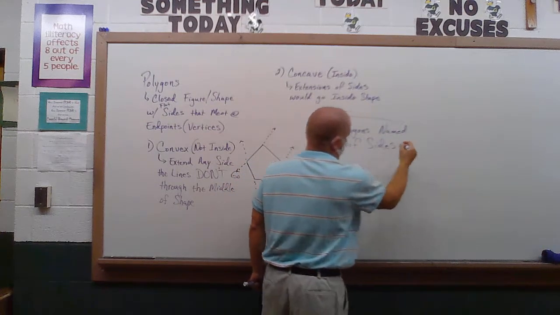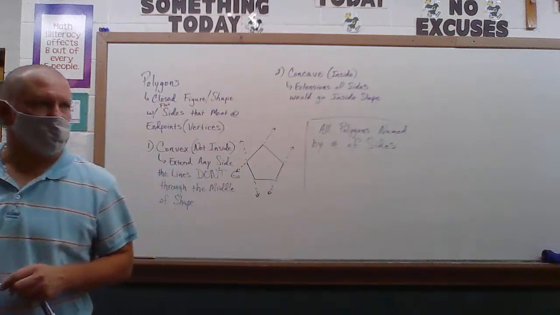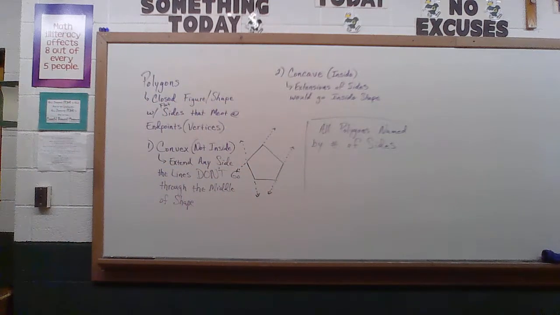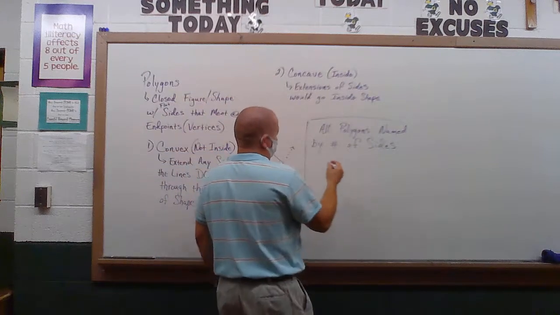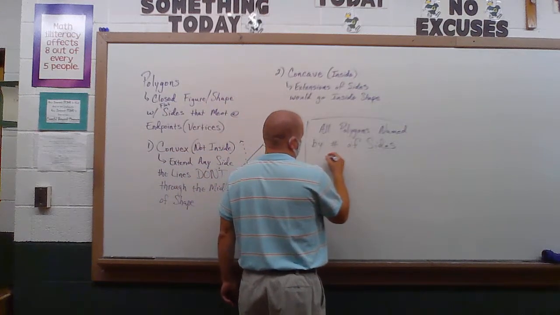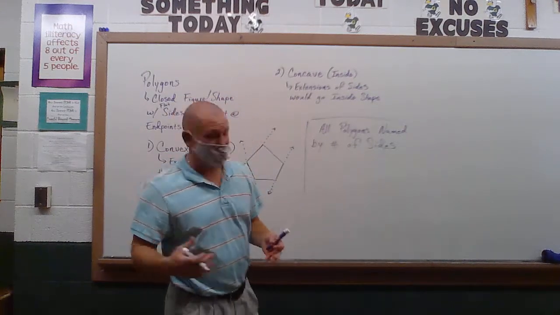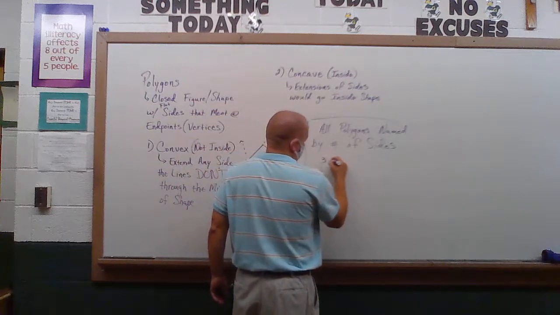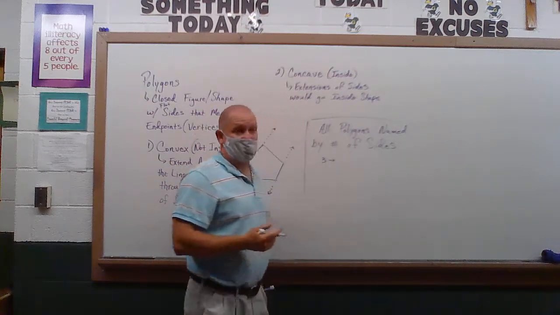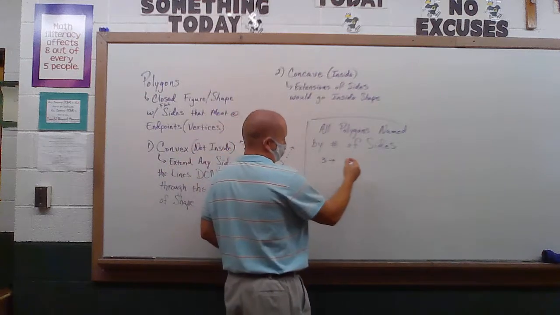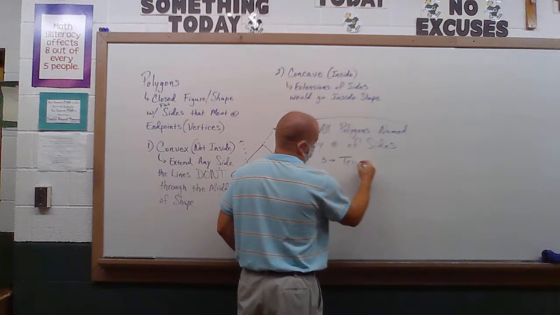And this is where we start talking about the words. My smallest shape would be a 3-sided figure, and hopefully we all know what that is. That's a triangle.